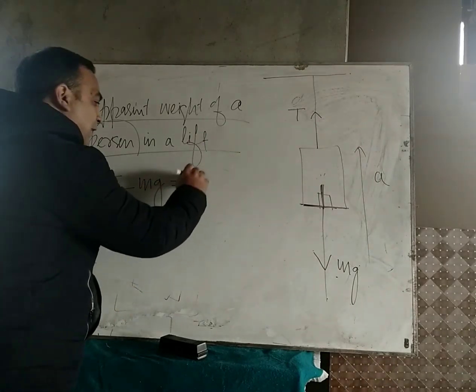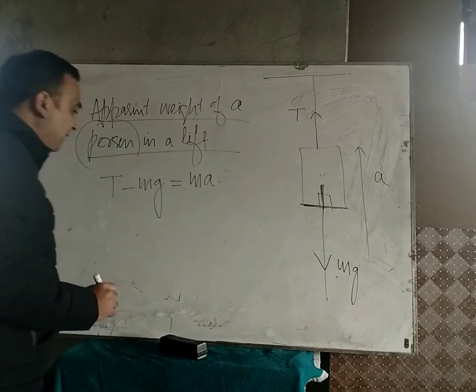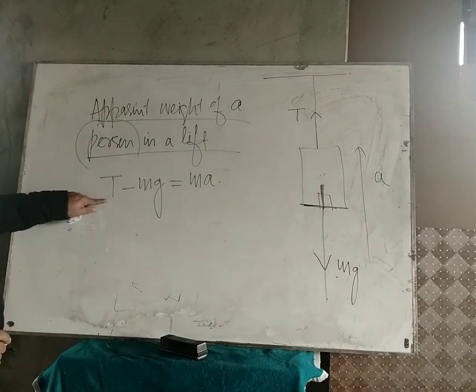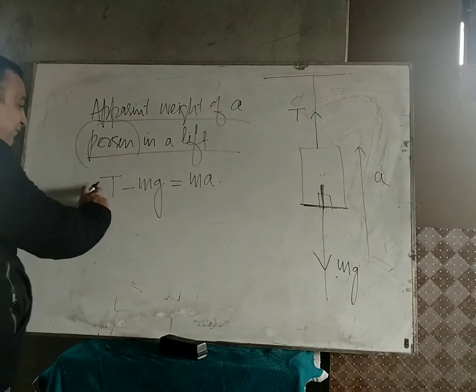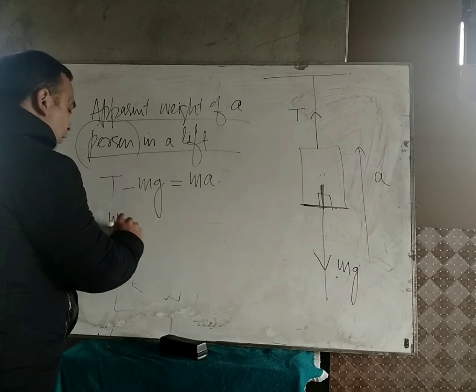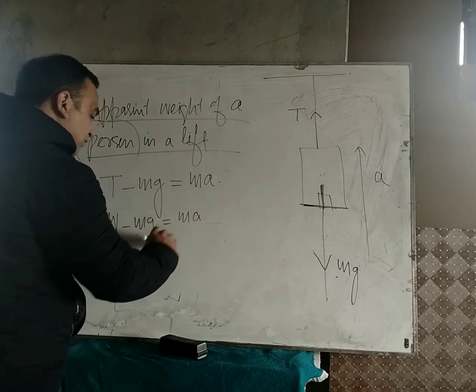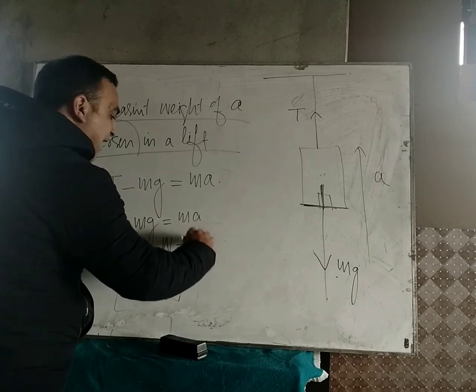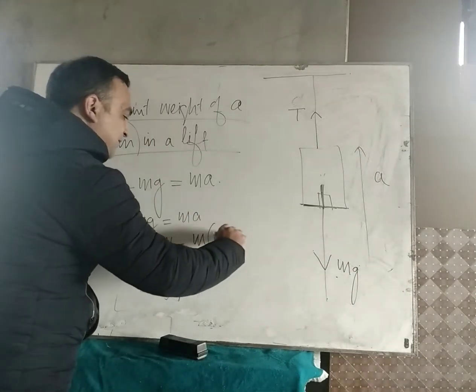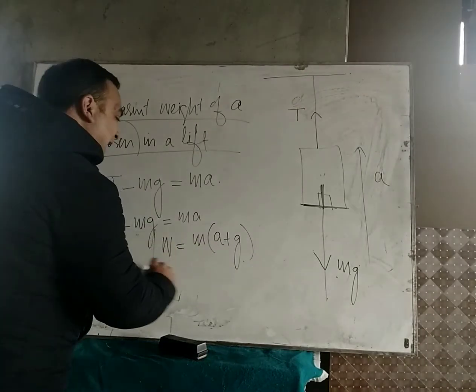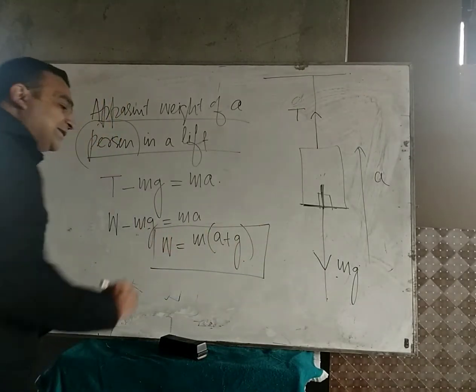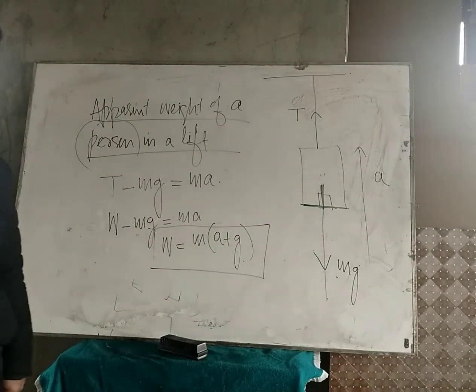It must be equal to ma. So this T is the measure of the apparent weight of the body inside the lift. So instead of this T, I should write W minus mg is equal to ma. So W is m times (a plus g). This will be the apparent weight of this person inside the lift.